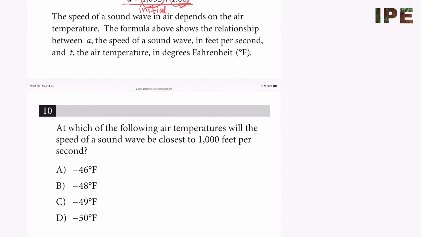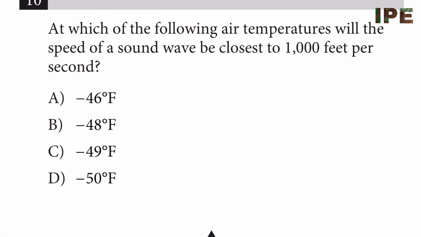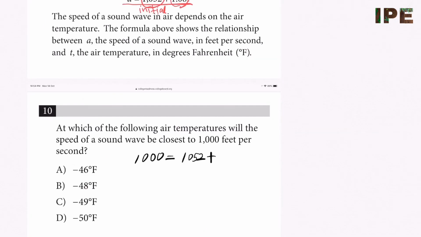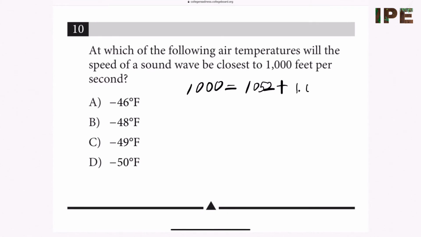Next one. Which of the following air temperatures is where the speed of a sound wave is closest to 1000 feet per second? That means when A equals 1000, what is T? That's the question, right? 1000 equals 1052 plus 1.08T.